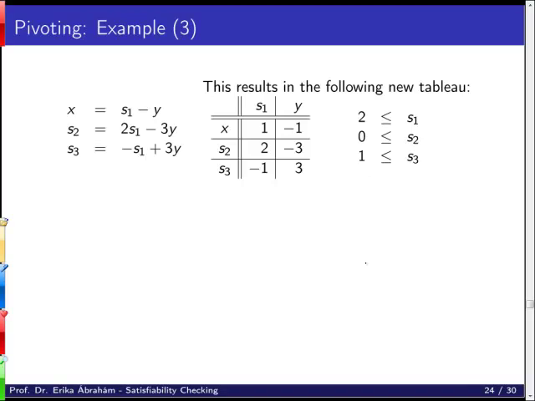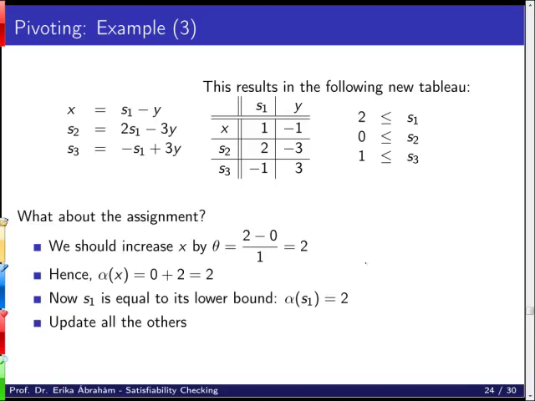the bound of x currently is satisfied, but S1 might violate this bound. So we have to change the assignments such that all the non-basic variables satisfy the bound. Previously, the values were 0. Now I wanted to pull S1 into its bound, and the lower bound is 2. So I will have to increase the value of S1 by 2.